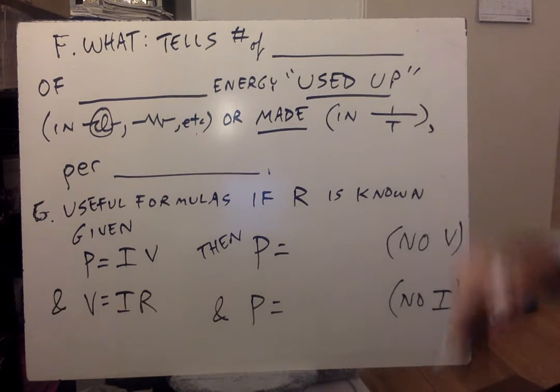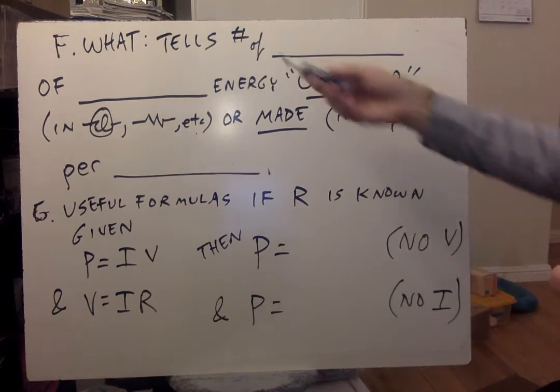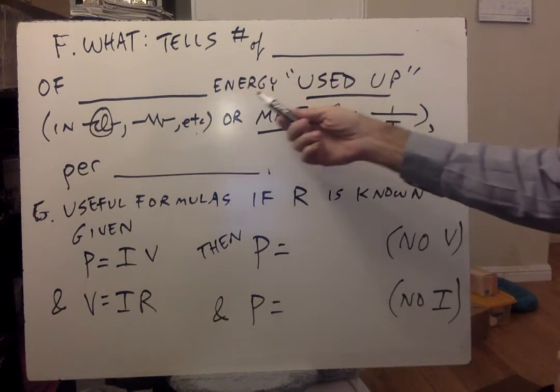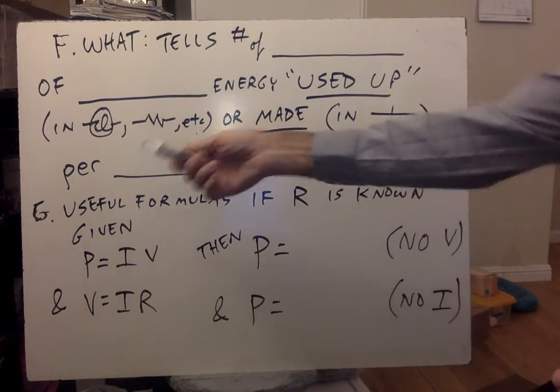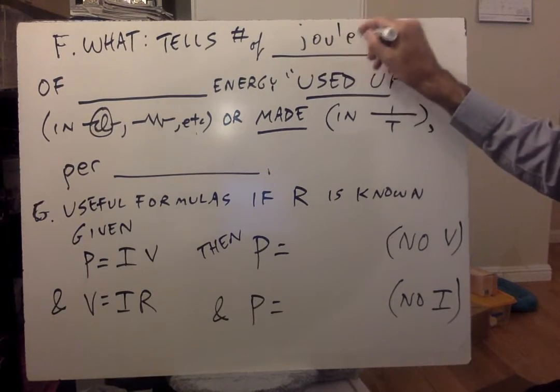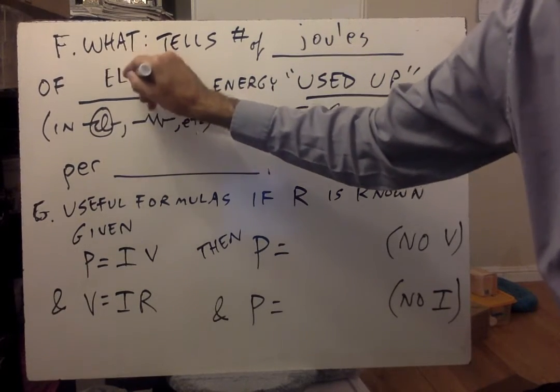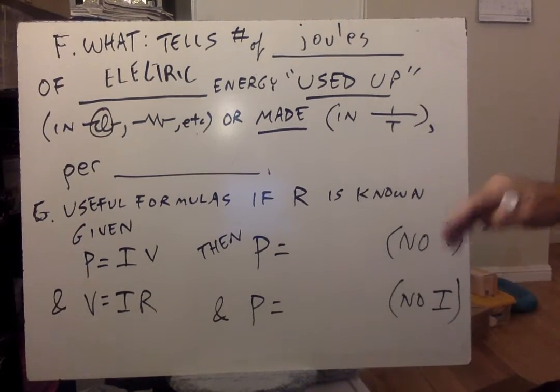All right, so see if you can fill in the blanks. What does this tell us? This power, electric power, tells us the number of blank energy either used up, like in a light or a resistor, or made in a battery per blank. Right? Well, it tells us the number of joules of electric energy. Right? Because we're using I and V. It's not just any energy.